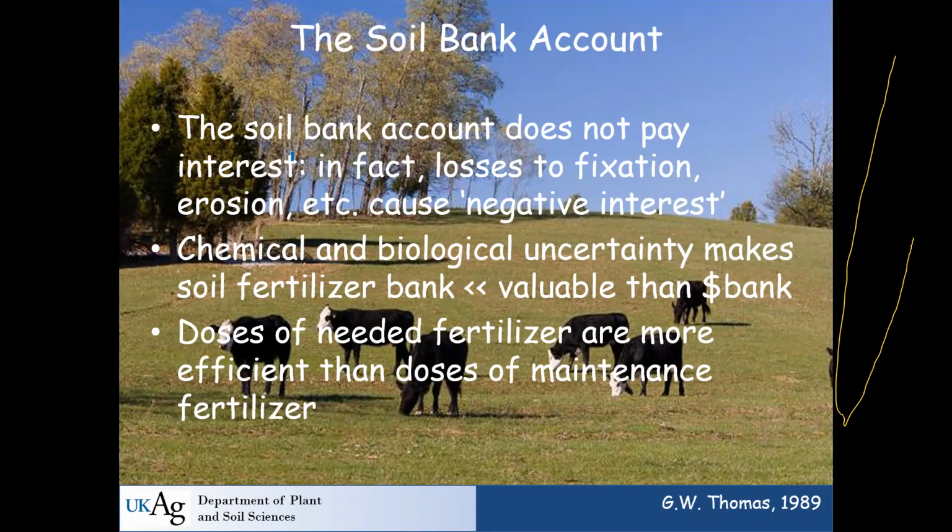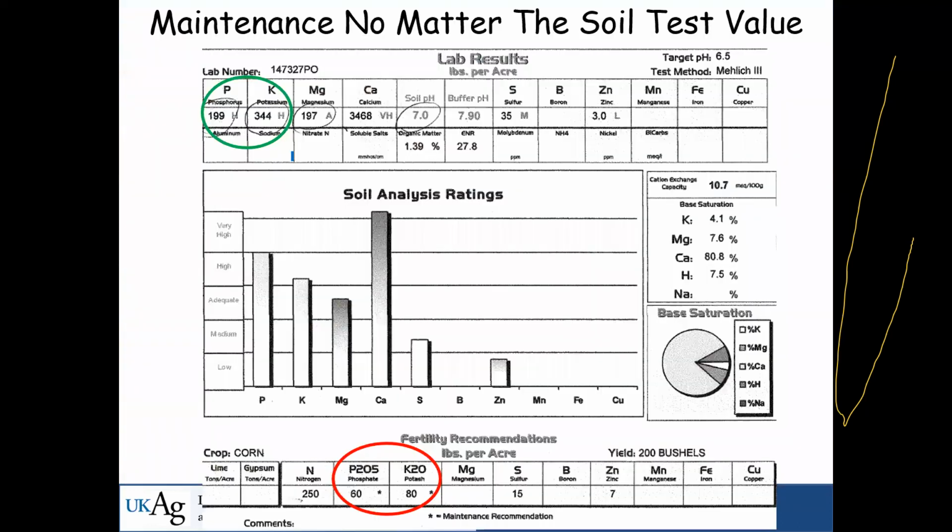And the other aspect is there's chemical and biological uncertainty in those applications that makes the soil fertilizer bank even less valuable than leaving the dollars in the bank. And doses of needed fertilizer are more efficient at generating revenue than doses of maintenance fertilizer. So that's my point about what they're doing here.